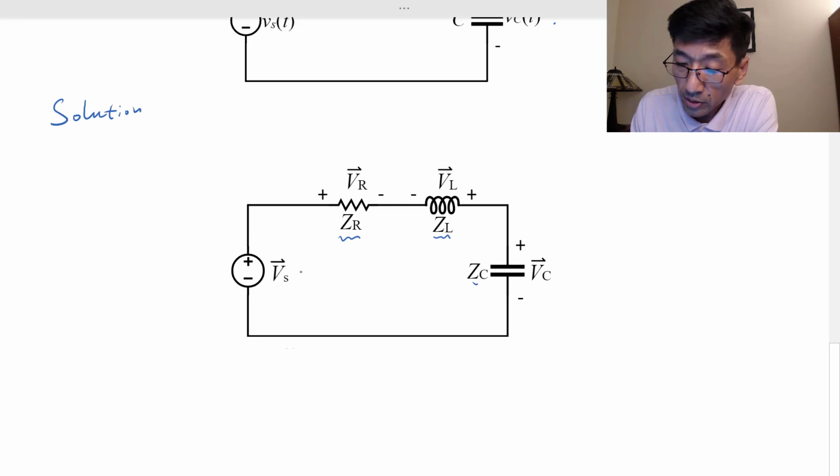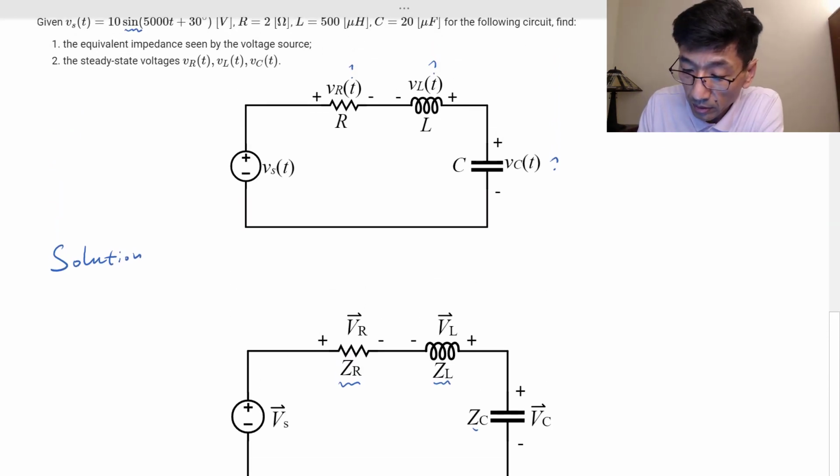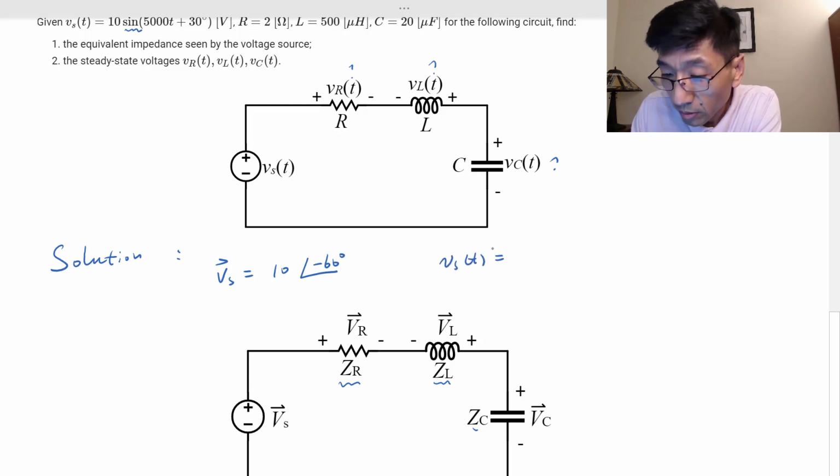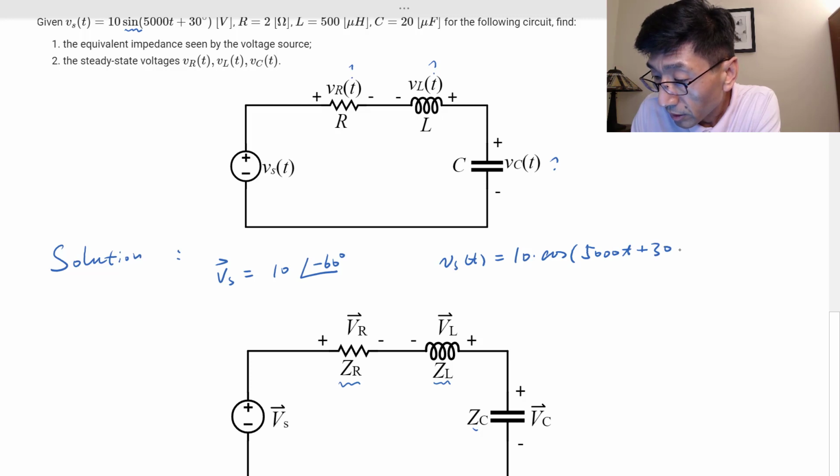First, V sub S should be 10 with a phase angle of 30 minus 90, which is negative 60, because V sub S of t is equal to 10 times cosine of 5000 t plus 30 minus 90 degrees, that's 10 times cosine of 5000 t minus 60 degrees.